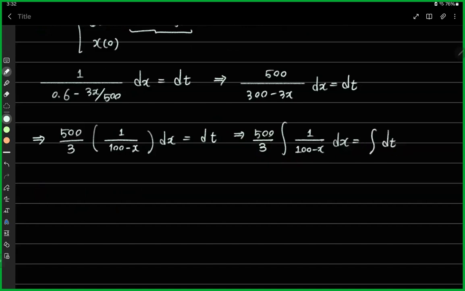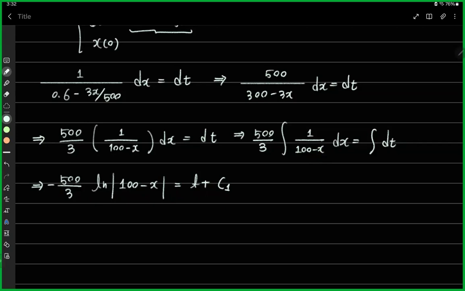So what's the integral of this fraction? It's a natural log of the absolute value of 100 minus x, and then we put the negative sign right here. This is equal to t plus, let me say, c1.